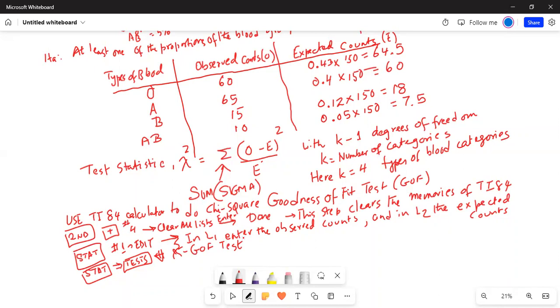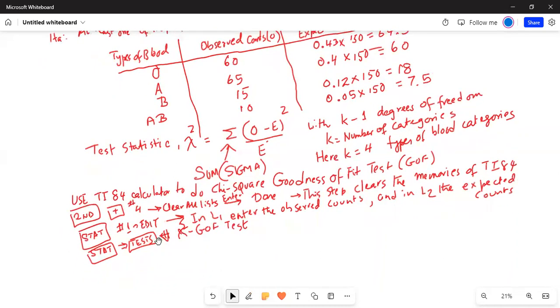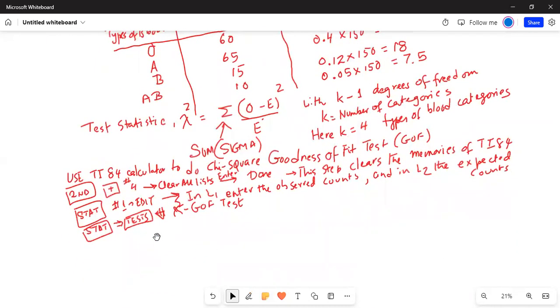I'll create some space here. This is the screen you're going to see. Observed is L1, expected is L2, as I already said.